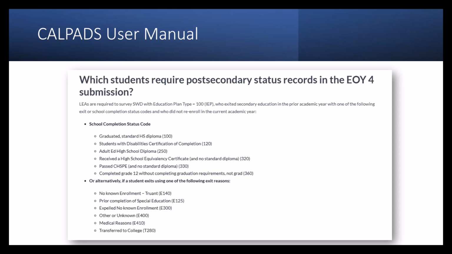So we can see a list of the students that have a completion status code or an exit reason code. Of particular importance, it says LEAs are required to survey students with disabilities who exited secondary education in the prior academic year. So we want to make sure that those students have exited post-secondary education.